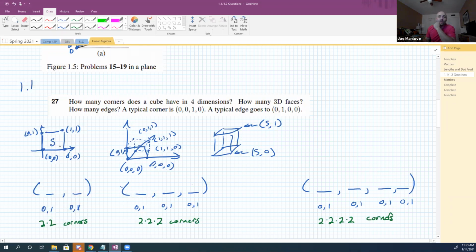All right, what are the faces of the square? There's one. Are they lines? Yeah, I would say the faces of the square are the lines.